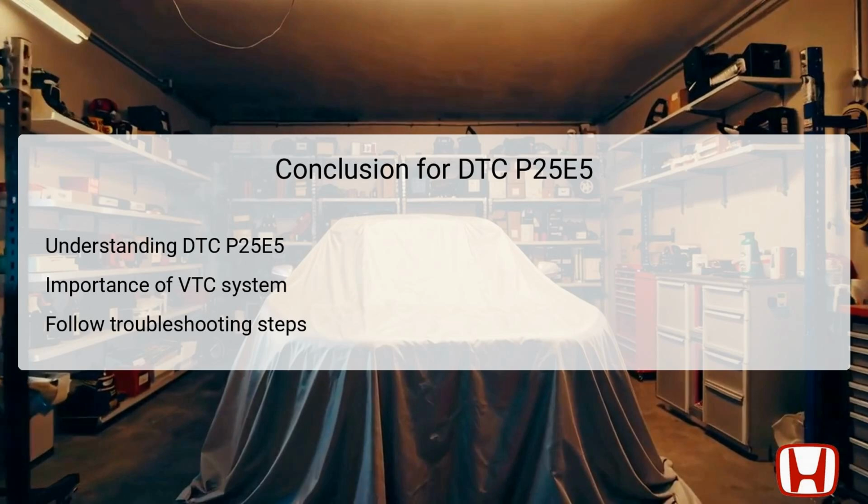Awareness of potential causes and symptoms allows for a proactive approach in maintenance and repair. Lastly, implementing preventive measures is vital to ensure a long and trouble-free operation of your Honda CR-V. Regular servicing and immediate attention to warning signs can collectively contribute to enhanced driving experiences and improved vehicle longevity.